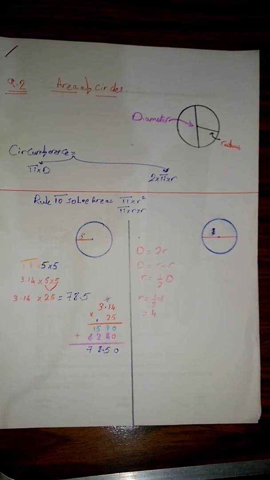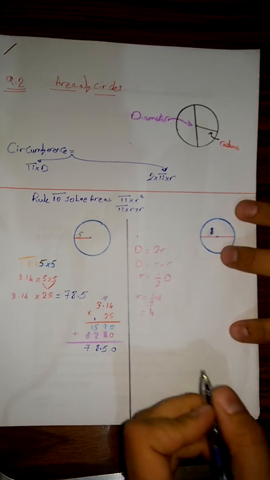To solve a question like this, we now know our radius is 4. We'll take the 4, which is the radius, and put it into our rule which is gonna give us the answer at the end.